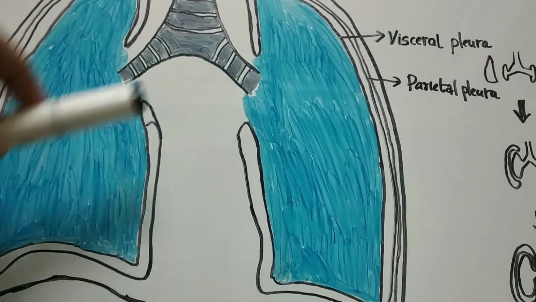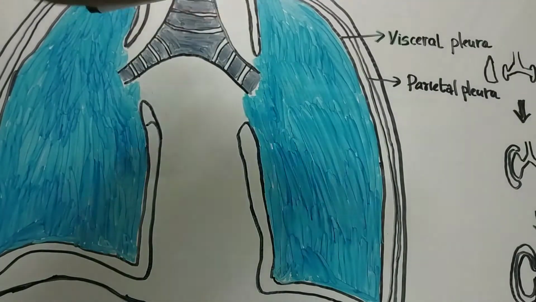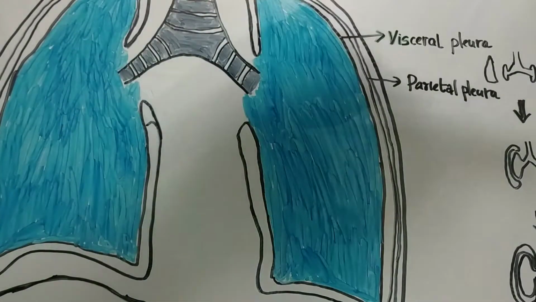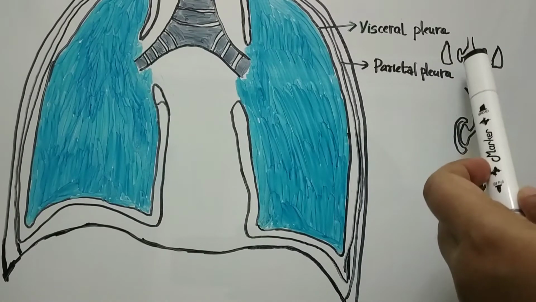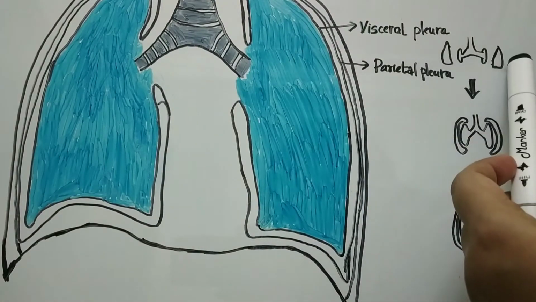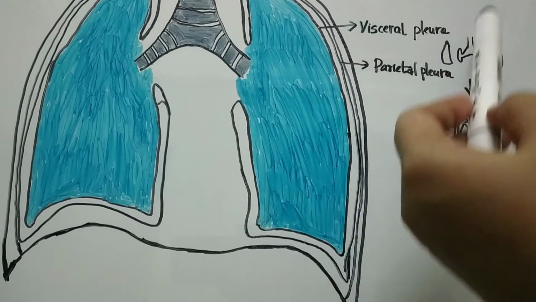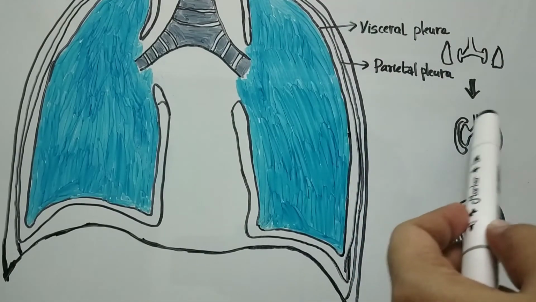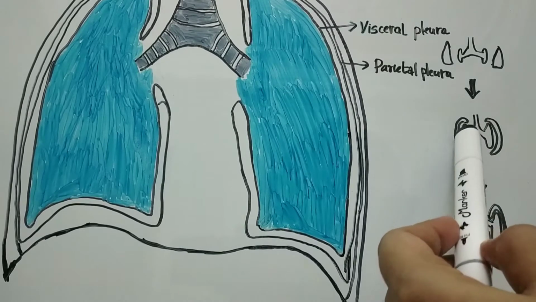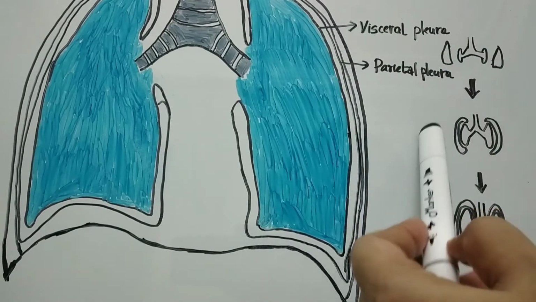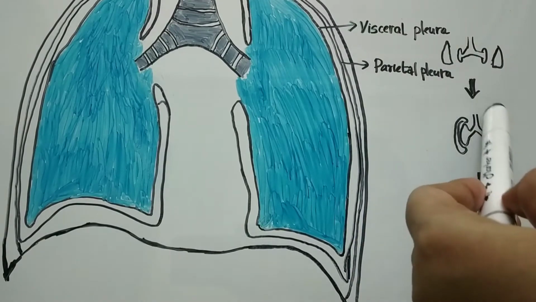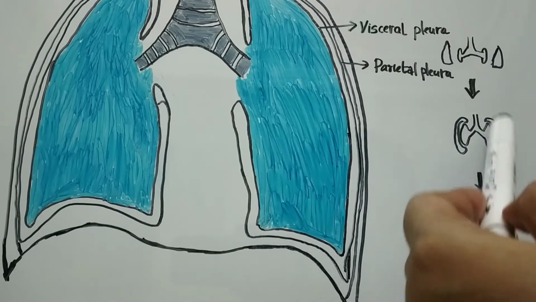If you want to know how it is continuous, we have to learn about the fetal lungs. So this is the fetal lungs and this is the pleura of the right lung, pleura of the left lung. As the fetus grows, the lungs also start growing and get bigger, and push themselves into the pleura. That is, they invaginate into the pleura.